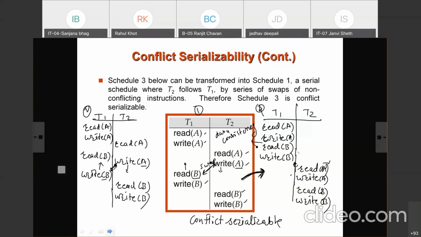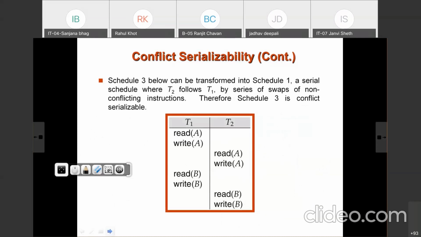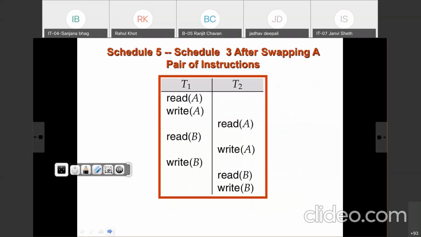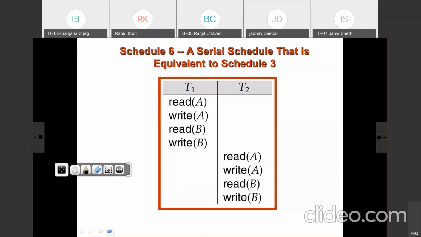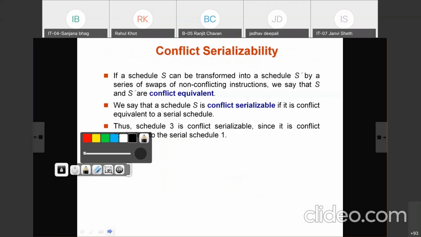Why? Because every serial schedule preserves the data consistency. So the definition of it, a simple definition. Okay. The steps whatever I have previously drawn are shown in this PPT. We swap non-conflicting instructions and then convert into the serial schedule.